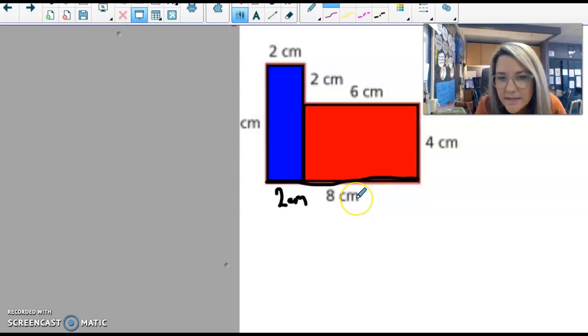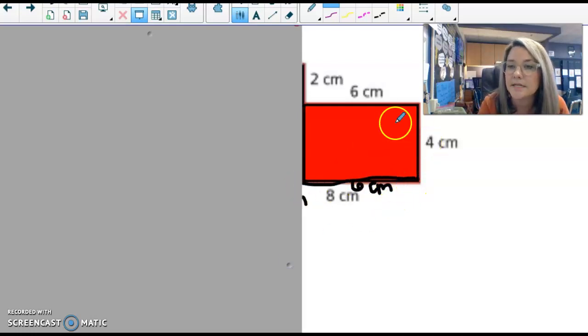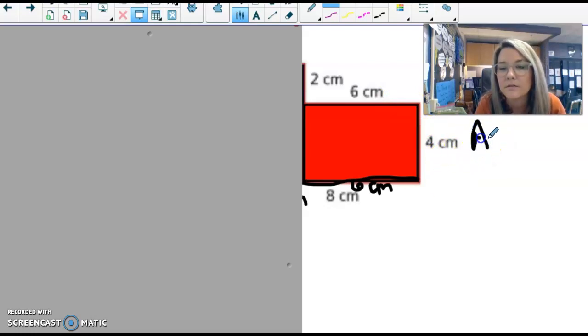This whole side is 8, so this side has to be 6. 2 plus 6 is 8, so that gets me this whole side, but since I'm just looking at the red rectangle, I know this measurement is 6, so the area is going to be 4 times 6 for the red rectangle.